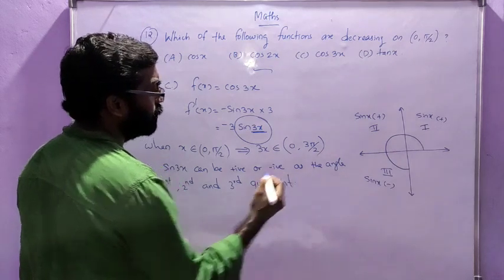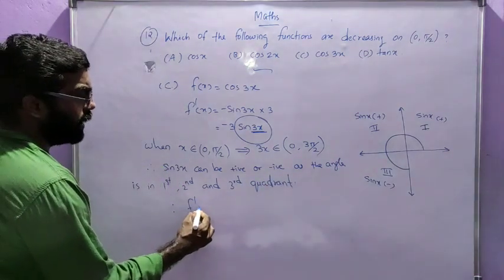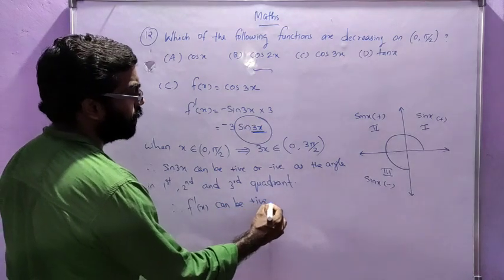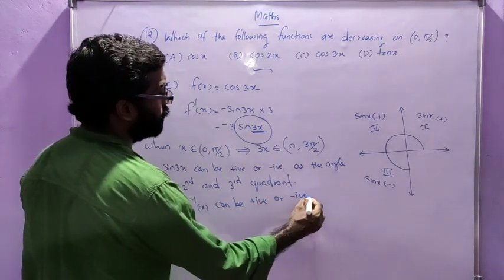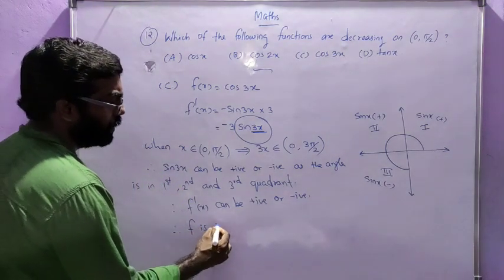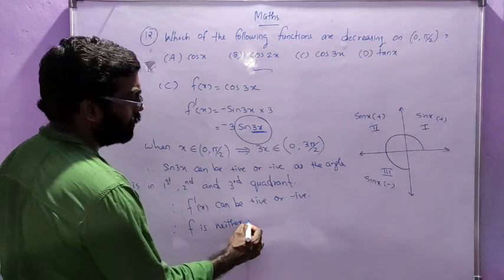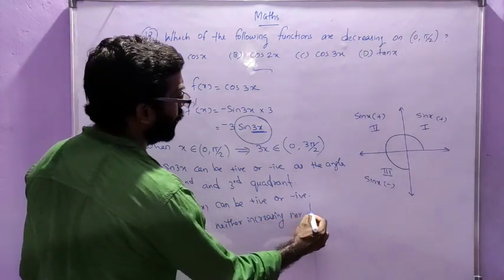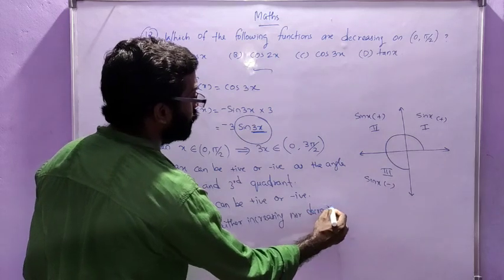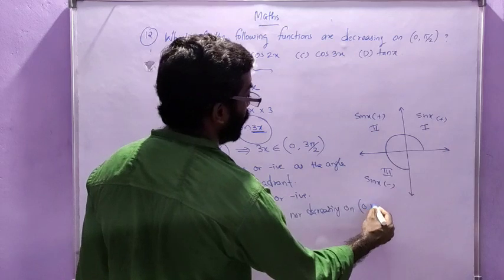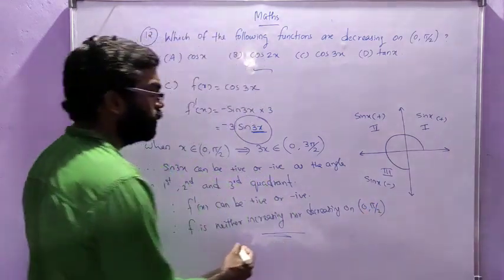Therefore f dash of x can be positive or negative. Therefore f is neither increasing nor decreasing on open interval 0 comma pi by 2.